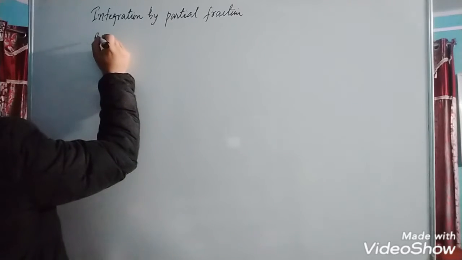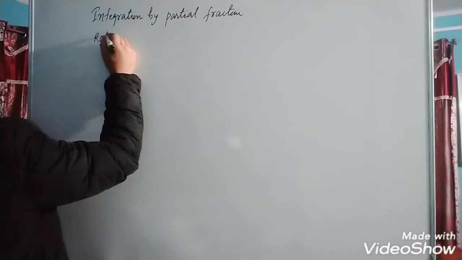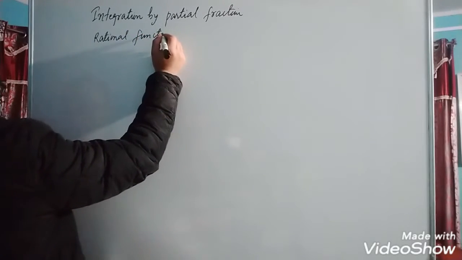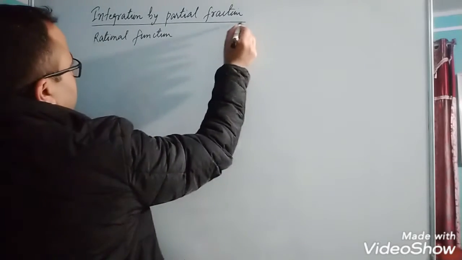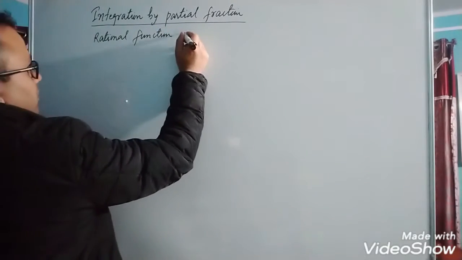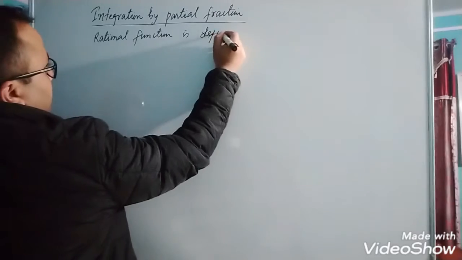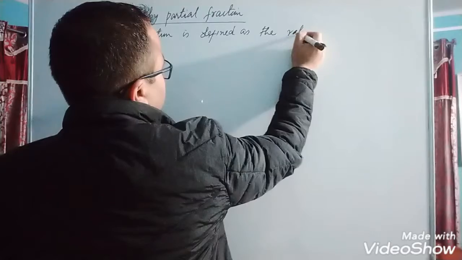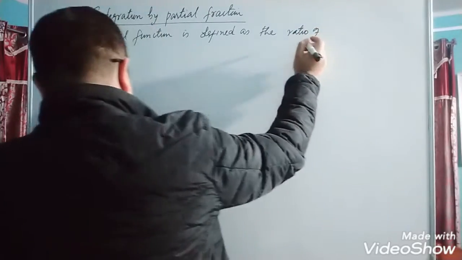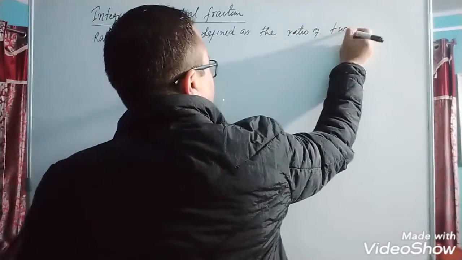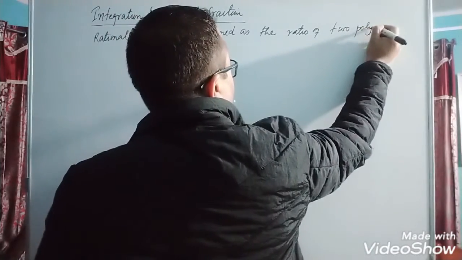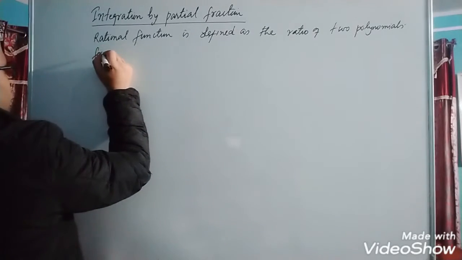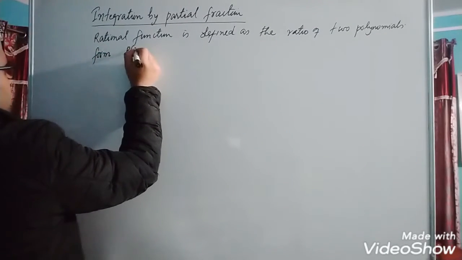First we must know about a rational function. A rational function is defined as the ratio of two polynomials, of the form px by qx.